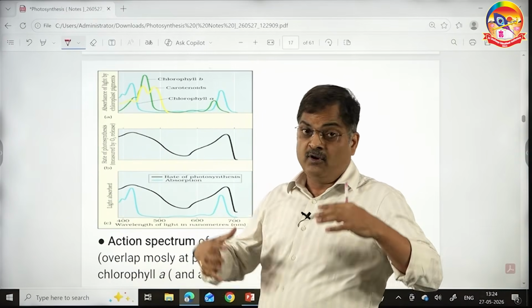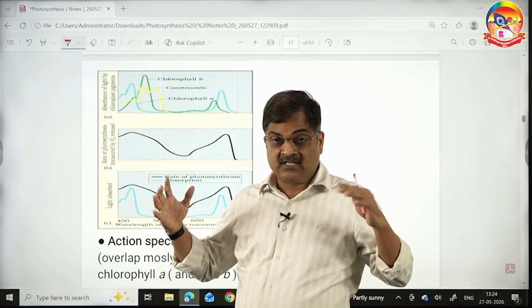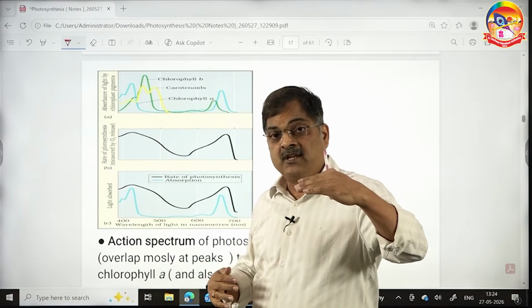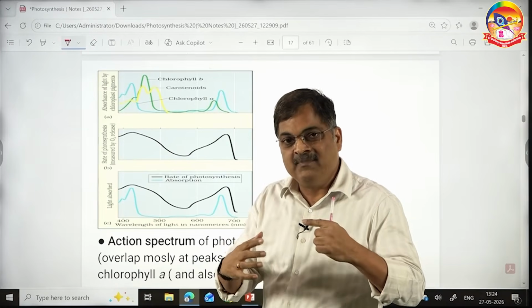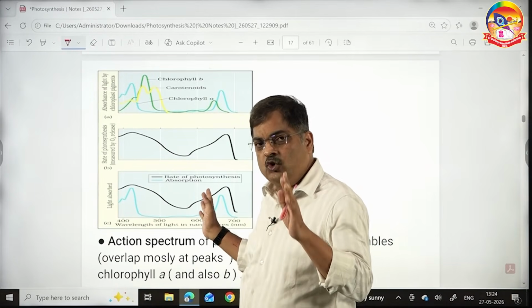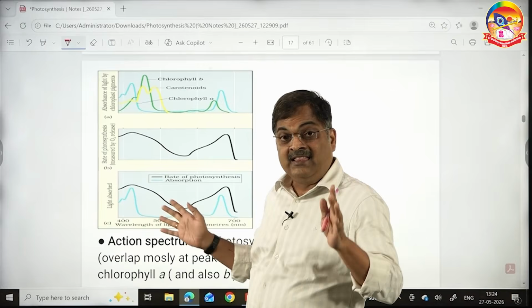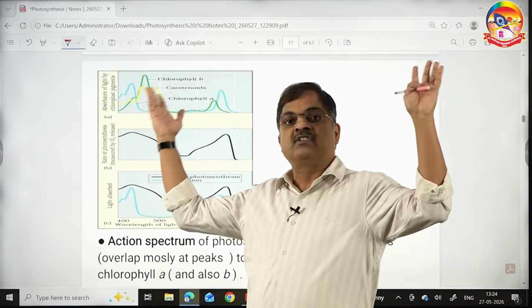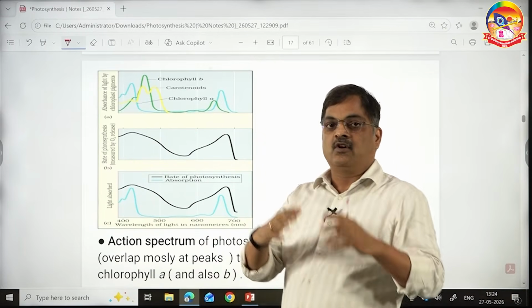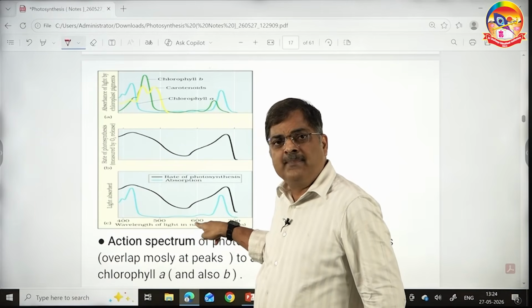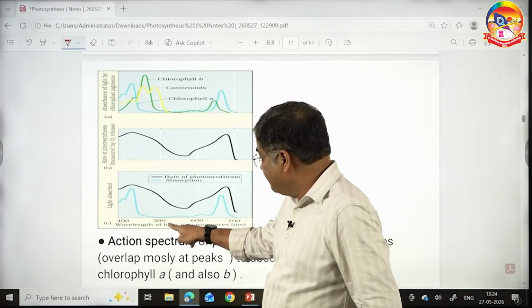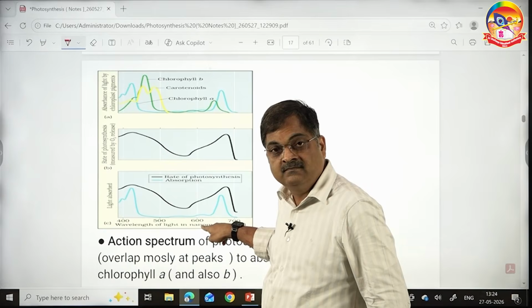Other pigments, look here, a captain is an important person in a team. Whenever captain plays, the team normally wins. Normally, not always, isn't it? Same is the case here. Chlorophyll A is no doubt chief, but doesn't mean that chlorophyll A alone controls the entire photosynthetic rate. It is not the case. Look at this. There is very less absorption of light by chlorophyll at this wavelength.